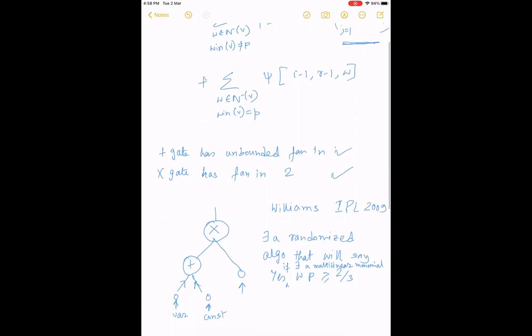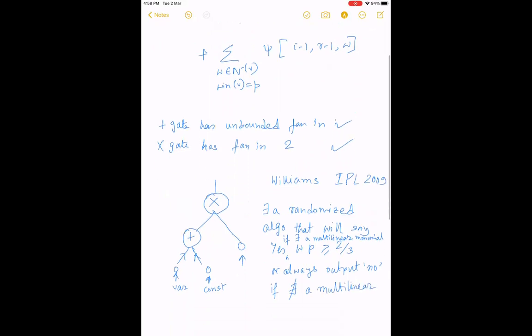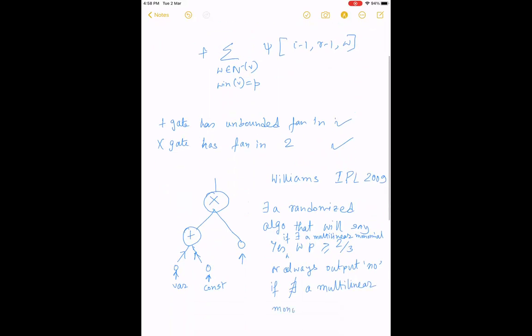This is a one-sided error, so if it does not exist, it always outputs no.